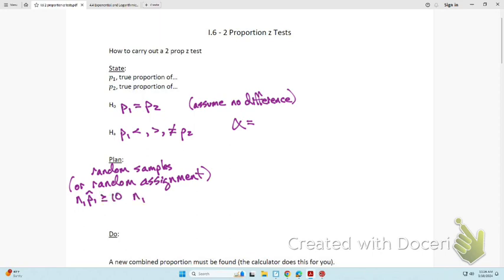Here's group 1. Group 2. And if all 4 of those check out, you know the sampling distribution is approximately normal.